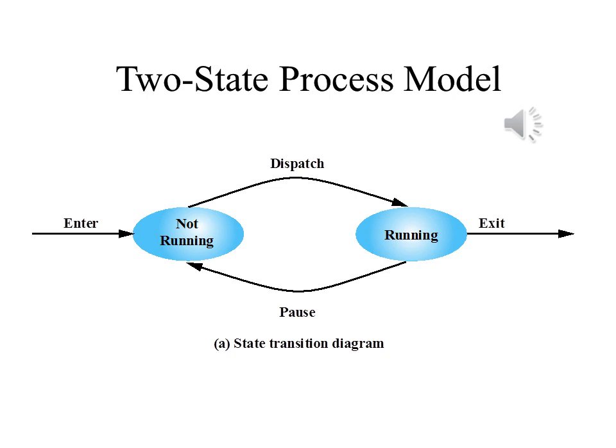From time to time, the currently running process will be interrupted, and the dispatcher portion of the operating system will select some other process to run. The former process moves from the running state to the non-running state, and one of the other processes moves to the running state.